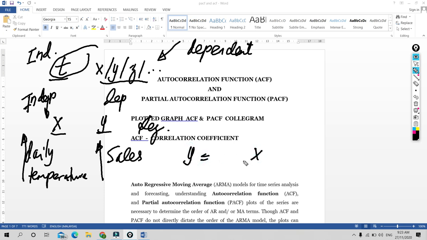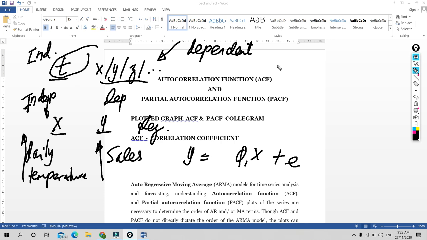So of course, if you calculate the coefficient here, you have β0 plus β1 x plus epsilon, because we have only one variable. Tetapi time series dia tak begitu. This variable depend on time. Depend pada masa dia.